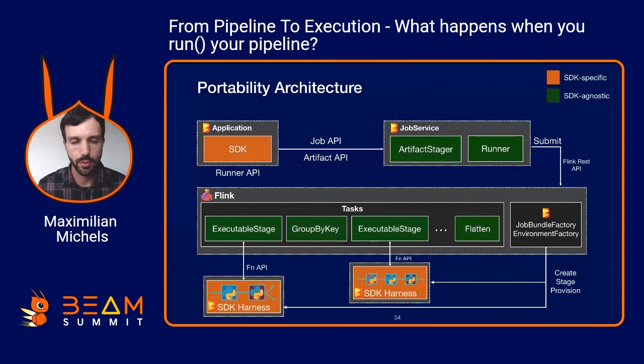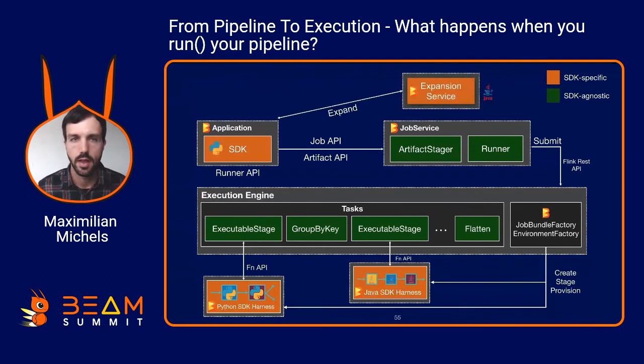And the executable stage handles all the input, output that the SDK harness produces, as well as timers, state, and so on. Then we also have the expansion service, which is there in case we do use Java, for instance, in a Python pipeline, some non-native language to the SDK. So here in this case, Java inside the Python pipeline.